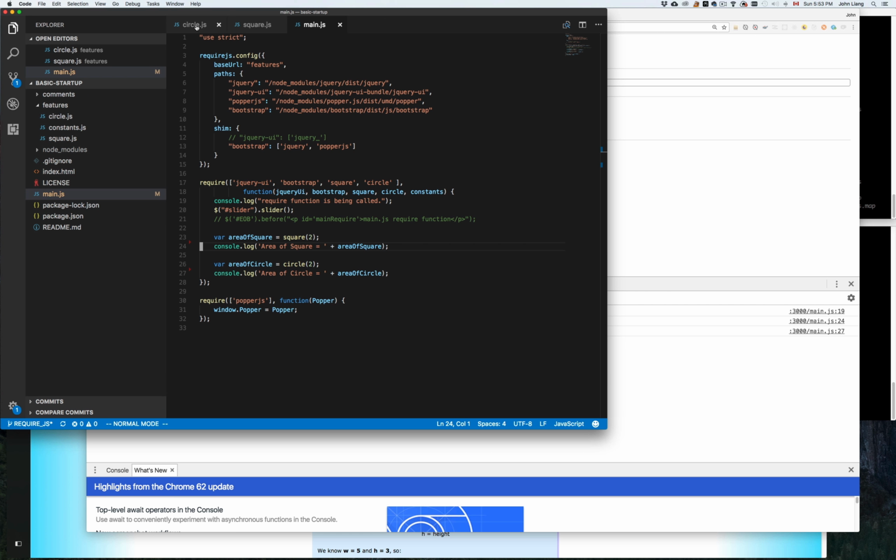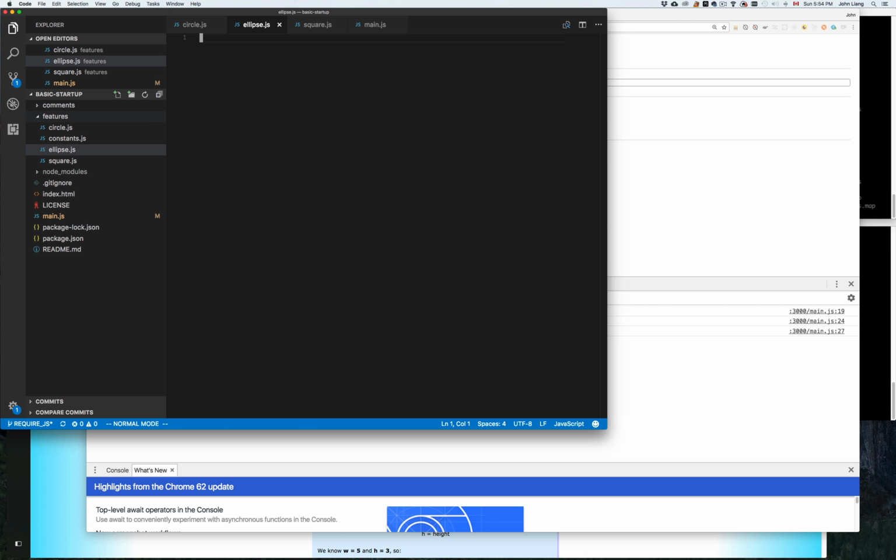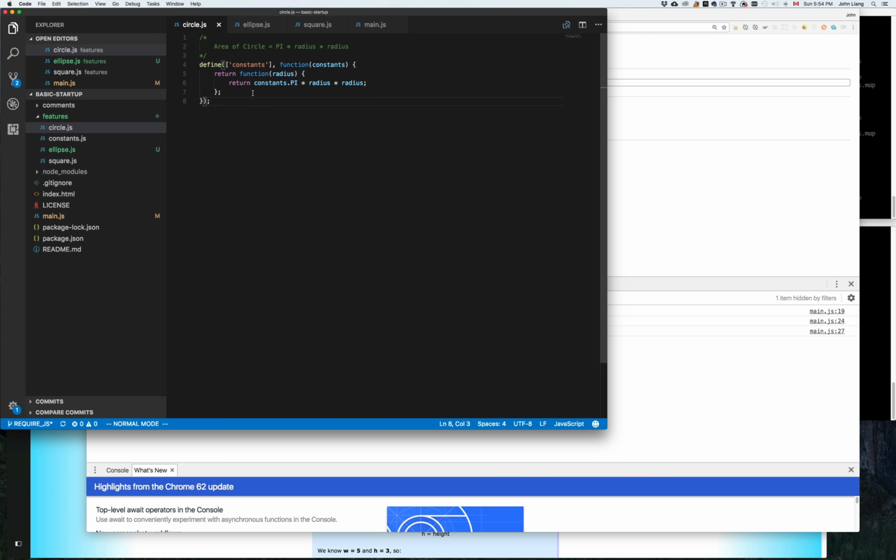All right. So let's refactor the circle.js. By doing that, let's create a module for ellipses. So new file, ellipse.js. Since we are refactoring this, let's copy the content of the circle and put it into the ellipse.